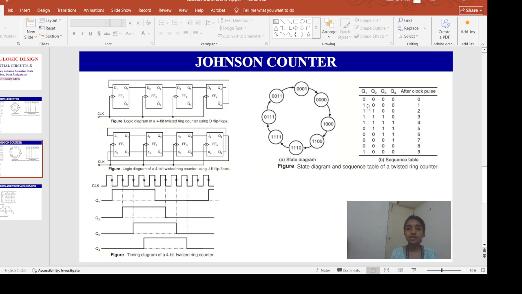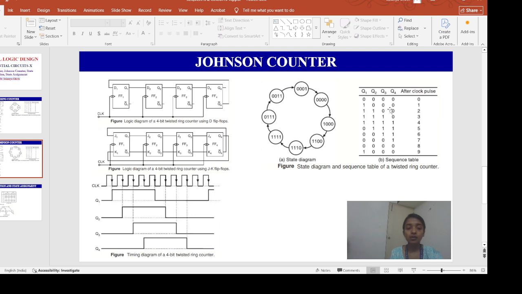That means the initial state is 0 0 0 0, for the first, second, third and fourth flip-flops. After each clock pulse, the level of Q1 is shifted to Q2, then Q2 to Q3, then Q3 to Q4, and the level of Q4 bar to Q1.